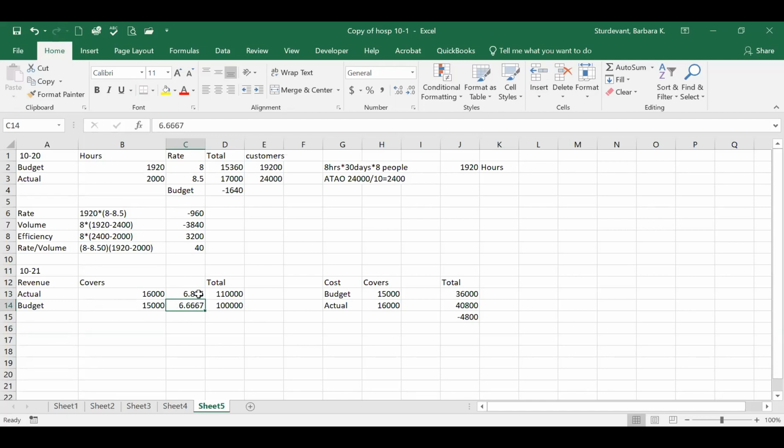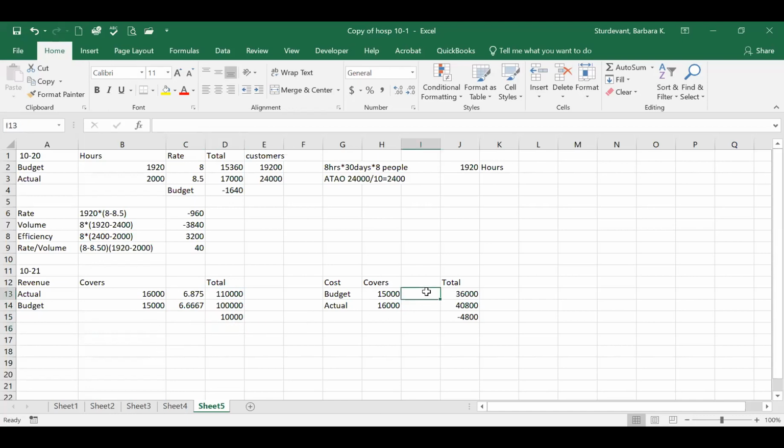So now I need to fill in the blanks. All right, so we know that revenue wise, we look pretty good because our actual is more than our budget. Served more customers than budgeted, got a better price than budgeted. So we look good on the revenue side.